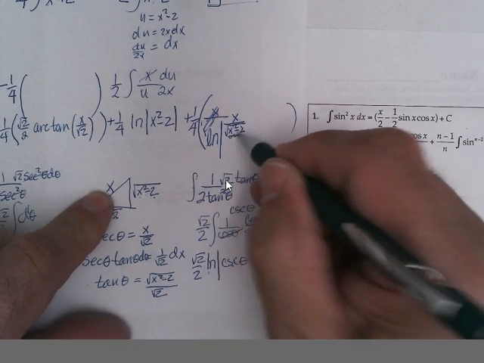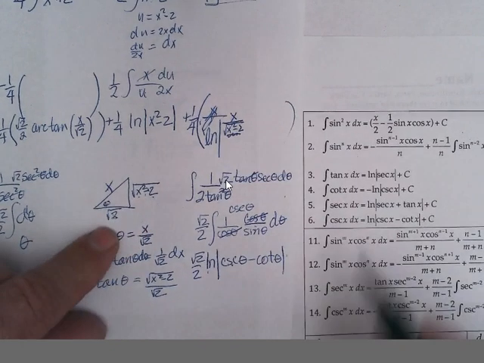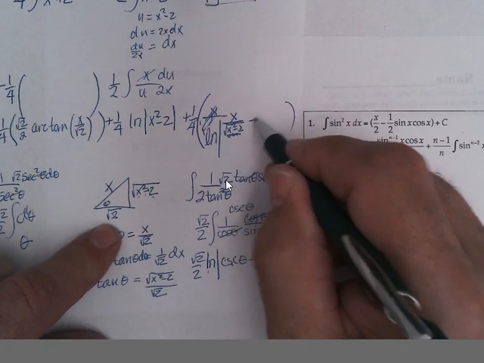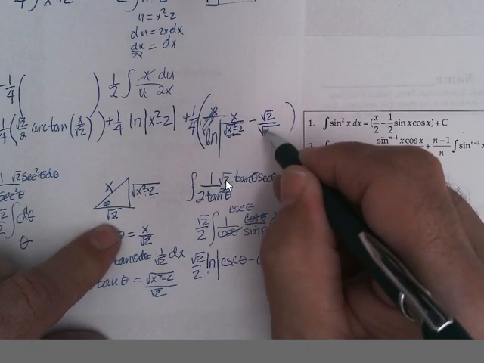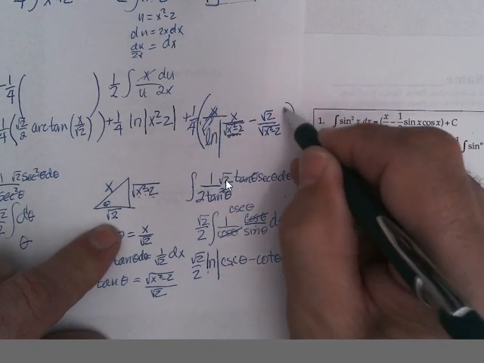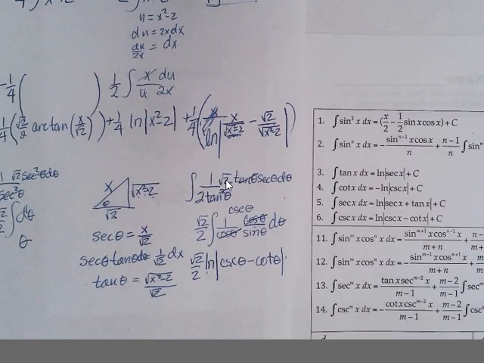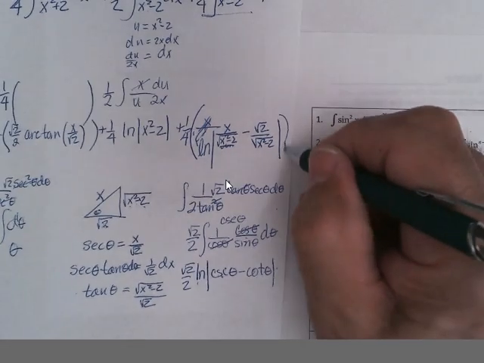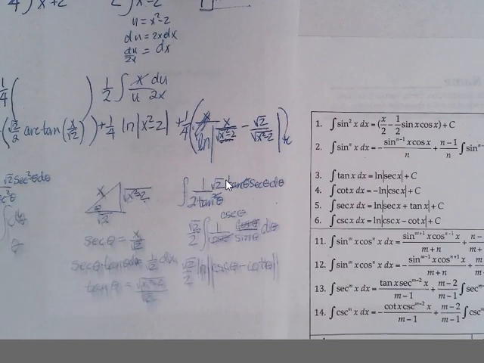Got to get it the right way. That over that's the cosecant, and the cotangent's going to be square root of 2 over that same denominator, square root of x squared minus 2. Messed that up a little bit there, but hopefully you got that. Plus c. Tad messy for that one.